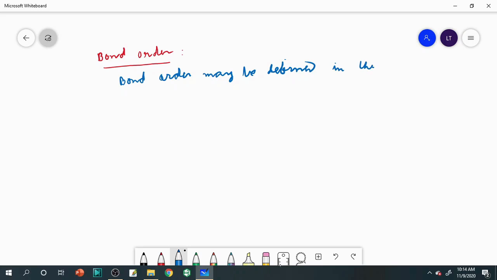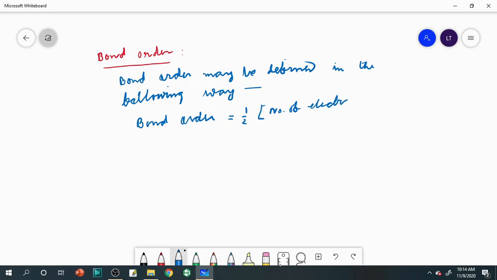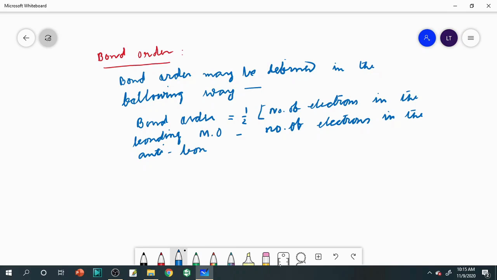in the following way. That is, bond order is equal to half of the number of electrons in the bonding molecular orbitals minus the number of electrons in the antibonding molecular orbitals.